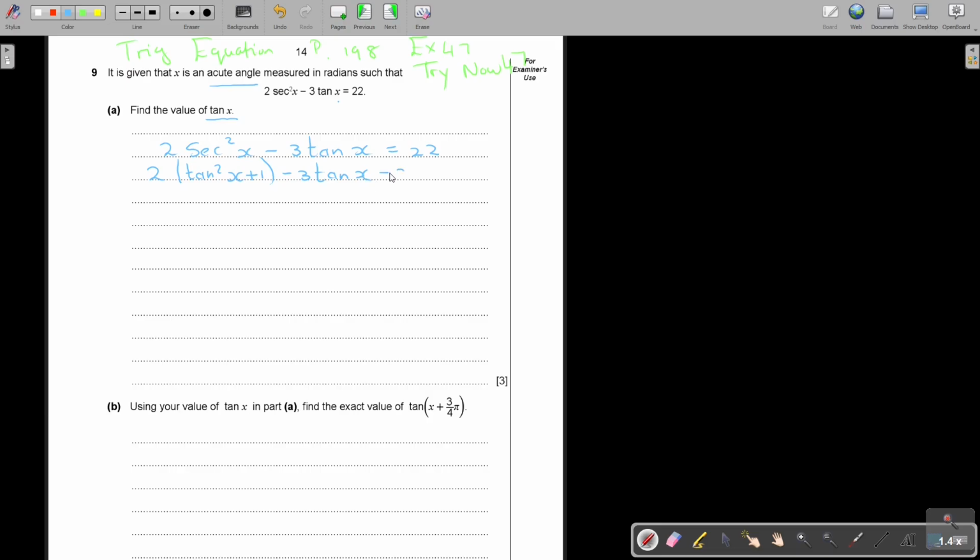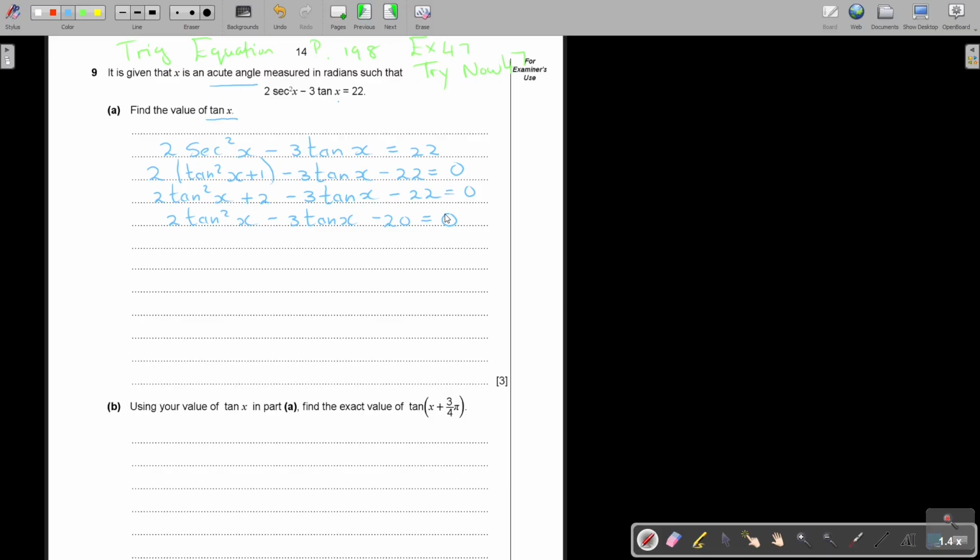Bring over the 22, subtract 22, and that's equal to 0. So 2 tan squared x plus 2 minus 3 tan x minus 22 is equal to 0. I simplify: 2 tan squared x minus 3 tan x minus 20 is equal to 0.